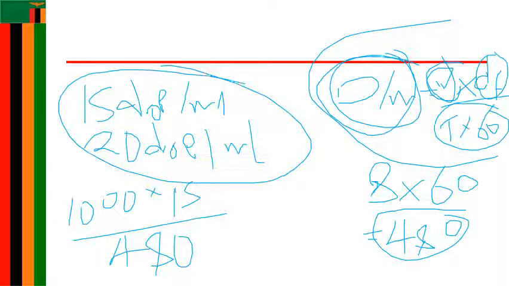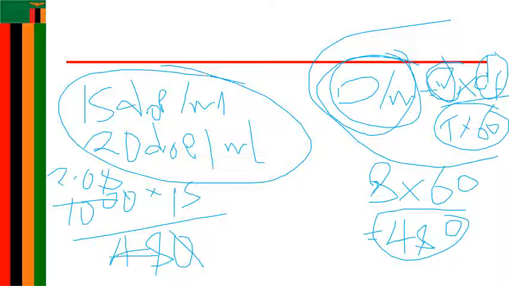When you divide 1000 by 480, you're going to have 2.08 ml per minute.